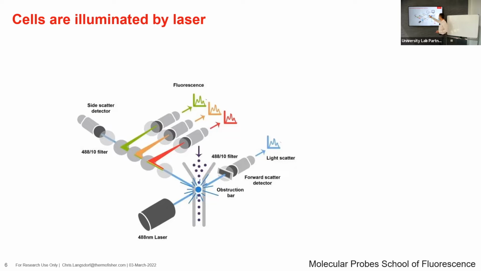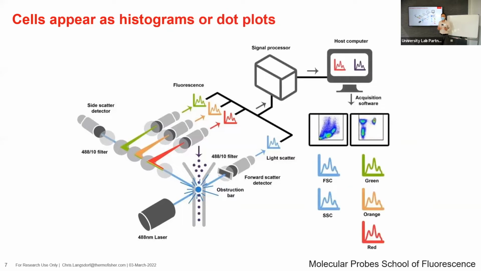And so this is all processed and shows up in our instrument as forward scatter versus side scatter. Or we can look at how bright a cell is in a given color versus another color. And in the case of the Attune on campus, we can study 14 different colors, 14 different markers per cell.